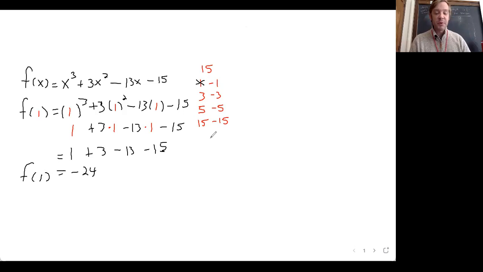Now, you may prefer to try all of the positive numbers first. You may try negative 1 next. It just depends on what you think is easiest. I'm going to work negative 1 next, and I'm going to see if this gives me a solution. So I'm going to leave that part right there, and then I'm going to rewrite my original equation, but this time I'm going to plug in -1 rather than +1.